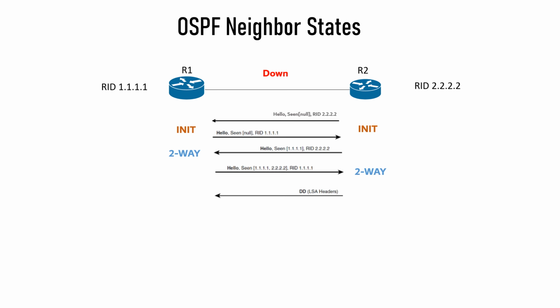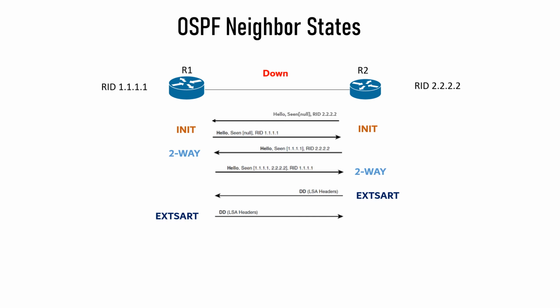The neighbor with the highest router ID becomes the master. Once it prepares for the election and decides who will become the master, it moves to the exchange state. According to the router IDs we have, the highest router ID is that of R2, and it will become the master.